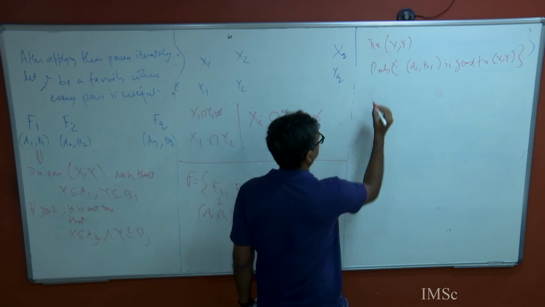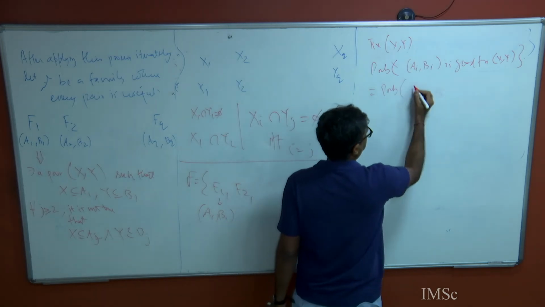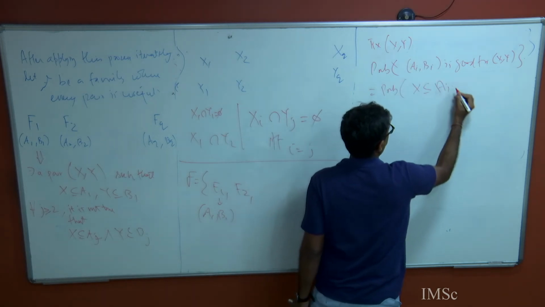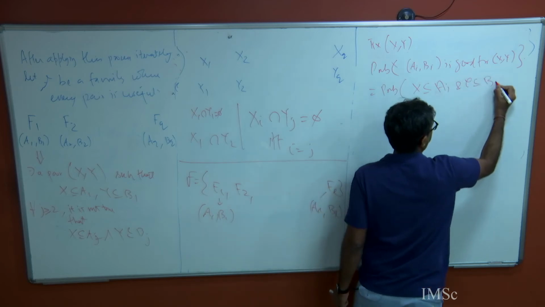That is the same as saying the probability that x is contained inside AI and y is contained inside BI.